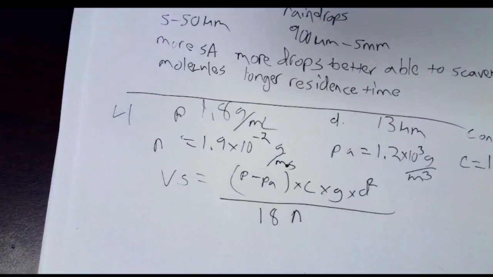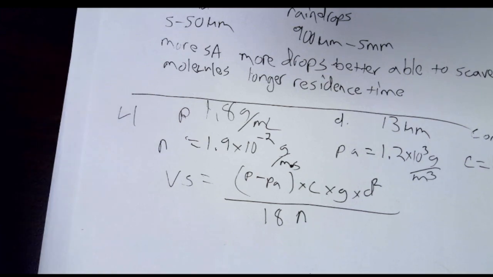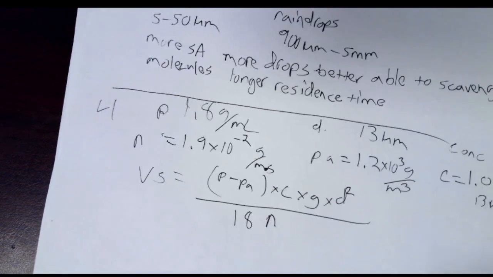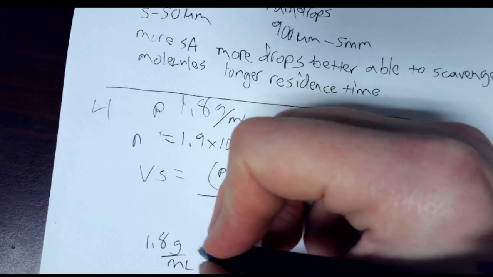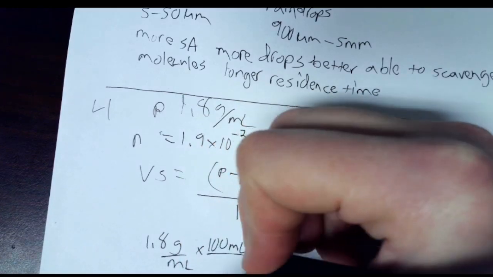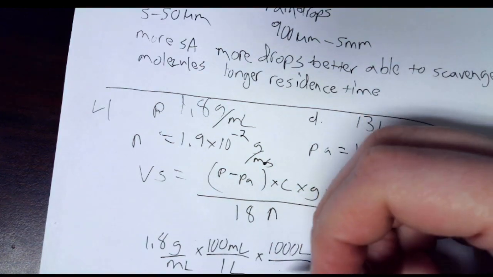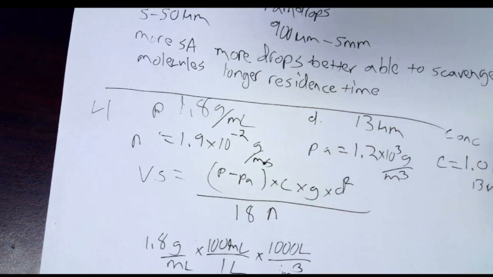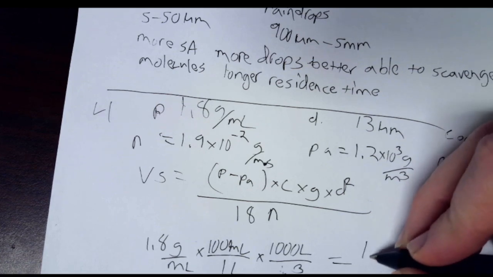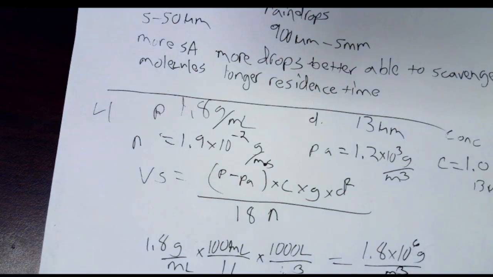So to do this, first things first, we need to convert grams per milliliter density into grams per meter cubed. So 1.8 grams per milliliter, there are 1,000 milliliters in 1 liter. I do believe there's 1,000 liters in a meter cubed. So basically that puts me at 1.8 times 10 to the 6th grams per meter cubed as my density.